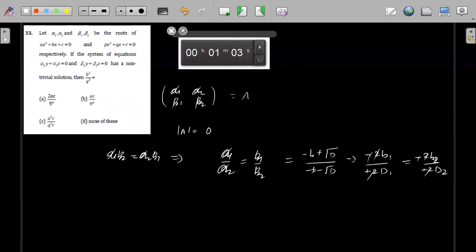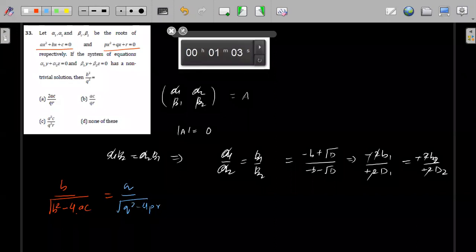So this is the root for alpha 1 and this is the root for alpha 2, and similarly beta 1, beta 2. So we have b upon the root of b square minus 4ac, which equals, for the second one, q by the root of q square minus 4pr.